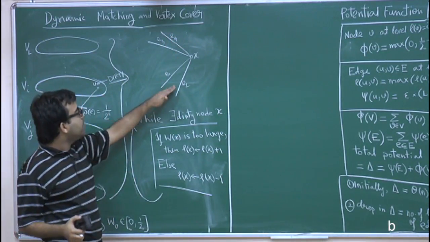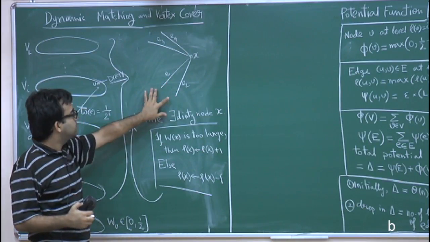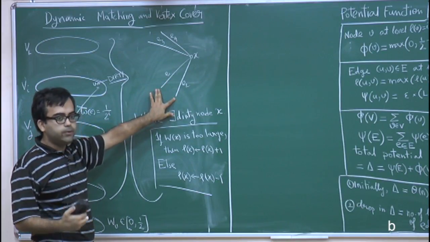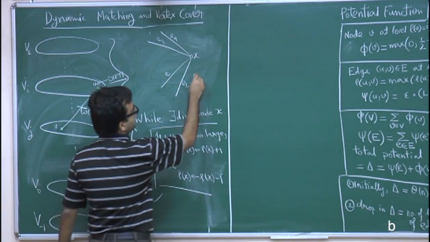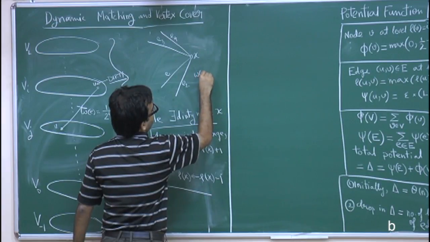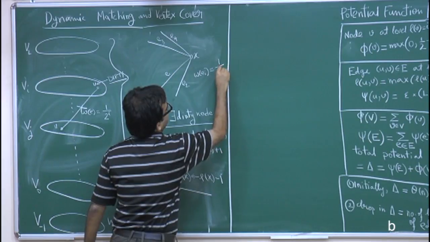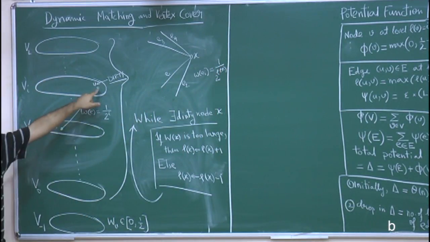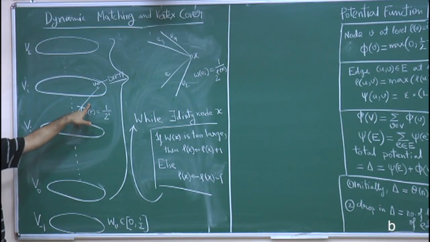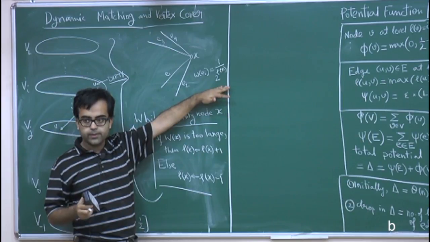E1 and E2 have the following property, that the other endpoints of these two edges lie at a level below x. Hence, the weights of these edges will be controlled by x itself. So, just look at this picture. Say here, if this edge is E1 and if this is x, the weight of this edge will be 1 by 2 to the power L of x.